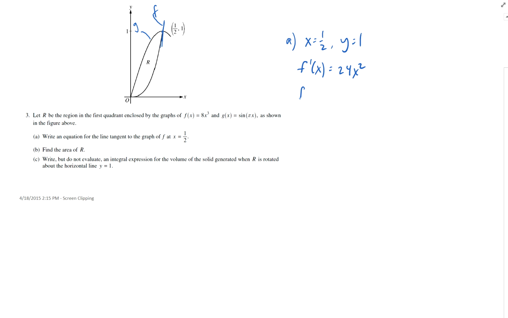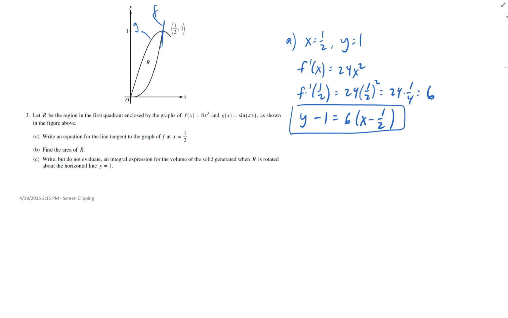So f prime of 1/2 will be 24 times 1/2 squared, 24 times 1/4, which would be 6. So the tangent line would be y minus 1 equals 6 times x minus 1/2. Okay, there you go. B.